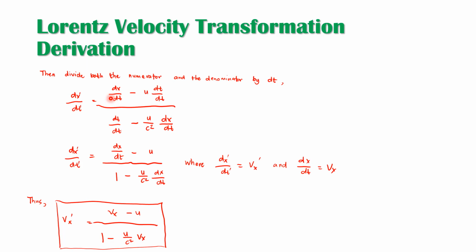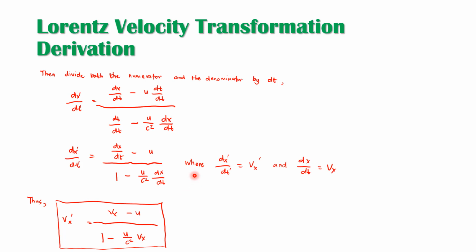So we have dx over dt minus u times dt over dt, divided by dt over dt minus u over c squared multiplied by dx over dt. This dt over dt is just 1, and this is also equal to 1. So we have dx over dt minus u divided by 1 minus u over c squared multiplied by dx over dt.